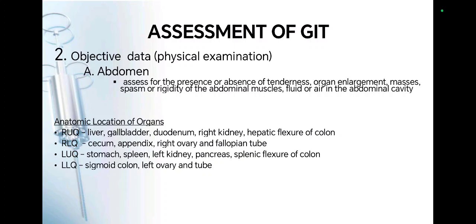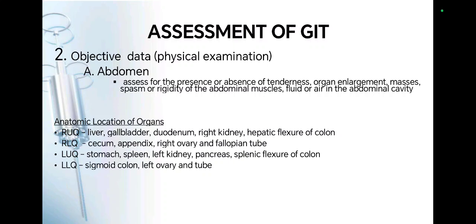For the right lower quadrant, we have your cecum, appendix, right ovary, and right fallopian tube. For the left upper quadrant, we have your stomach, spleen, left kidney, pancreas, and the splenic flexure of your colon. And for the left lower quadrant, we have your sigmoid colon, left ovary, and left fallopian tube.